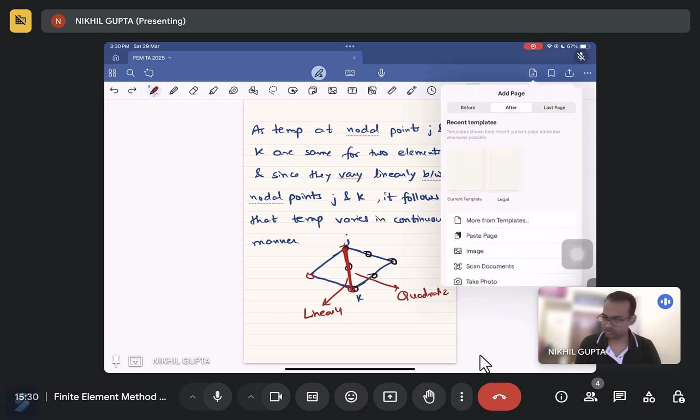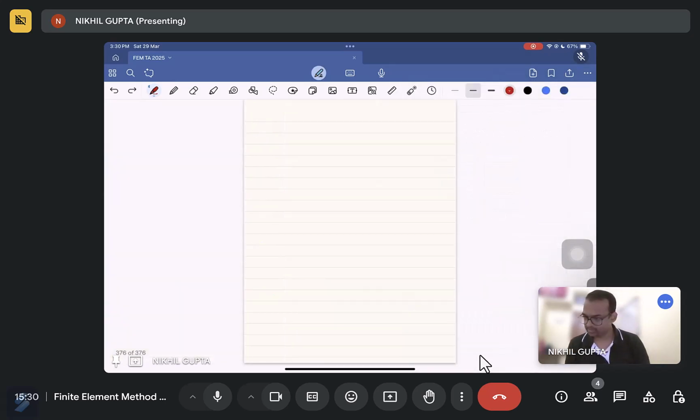So next question. Can you tell me why isoparametric elements are used?